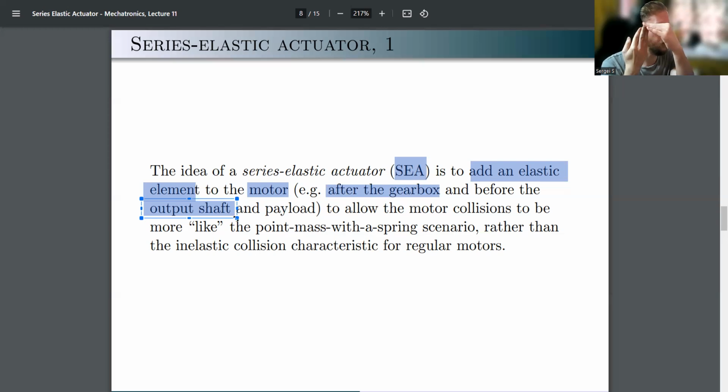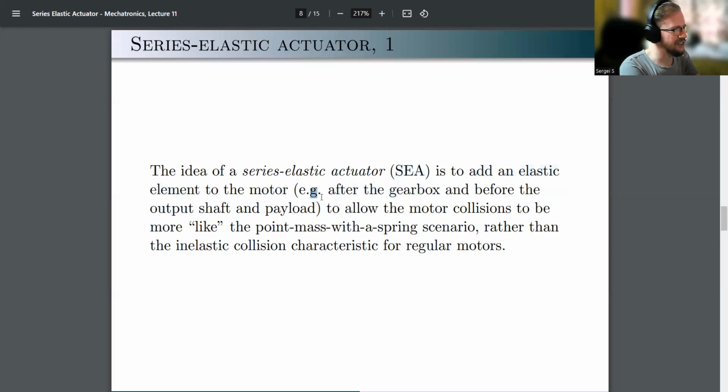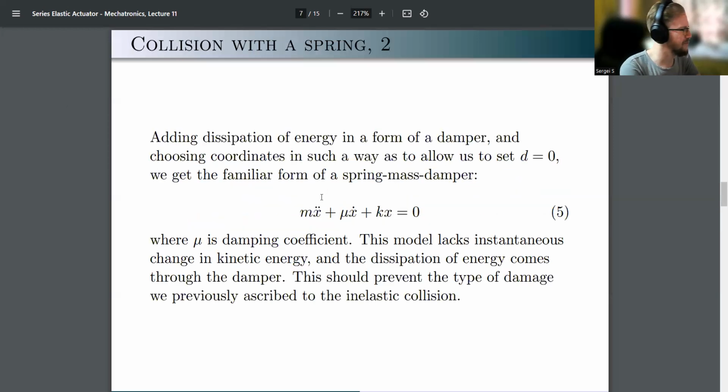The shaft will eventually stop because the spring consumed all of its kinetic energy into potential energy, and then it will unwind, and the collision thus happens not instantaneously, but over a period of time. So that is why you don't have damage on this motor. That is the idea. Okay, let's look at a series elastic actuator and see if it makes sense.